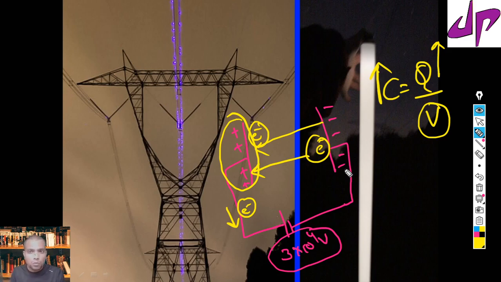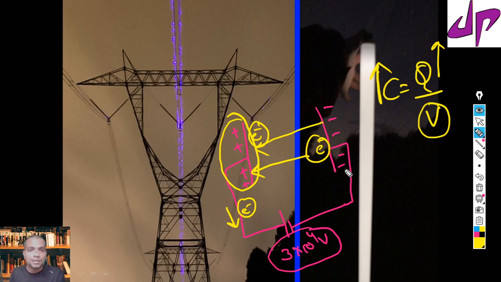If you want to store more charge, the only thing we need to do is to increase the capacitance of the capacitor. There are certain methods to increase the capacitance of a capacitor.